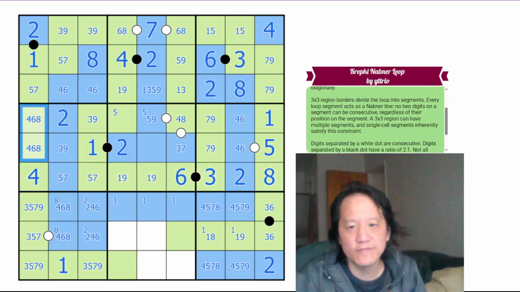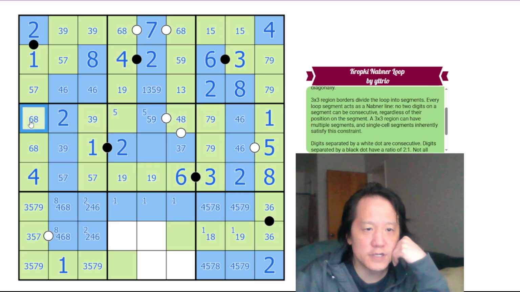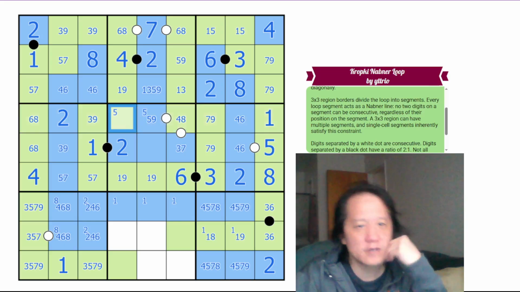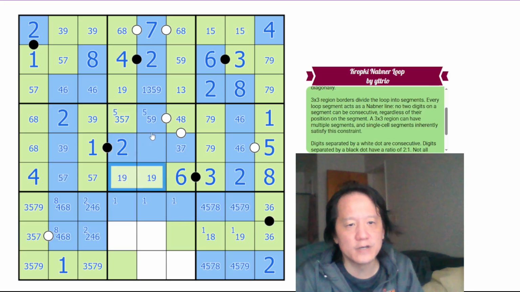These can't be 4 anymore. 4, 6, and 8. That leaves the remaining digits as 3, 5, 7, 9. Okay, cannot be 9 because of the 1, 9 pair in the box. Interesting.